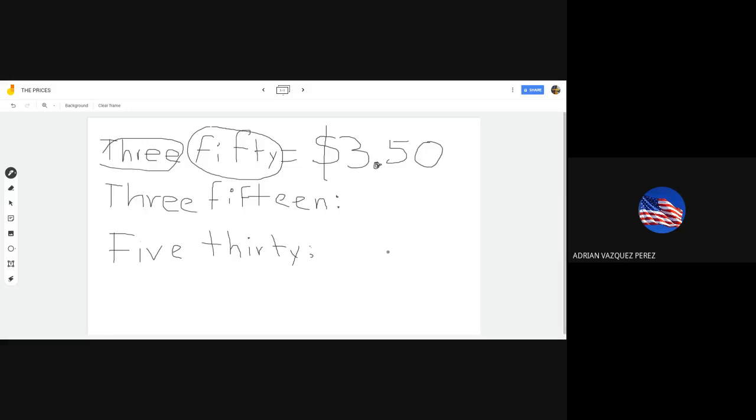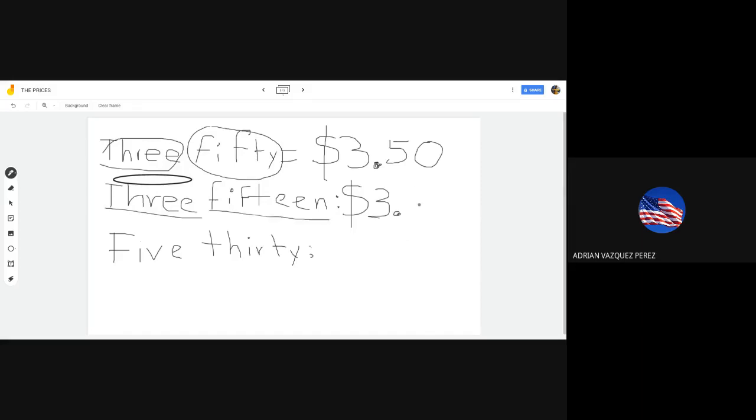Now, let's see what about this other number. Okay, so we're gonna first write down the price sign. Now the pesos or dollars, then the point and number 15.